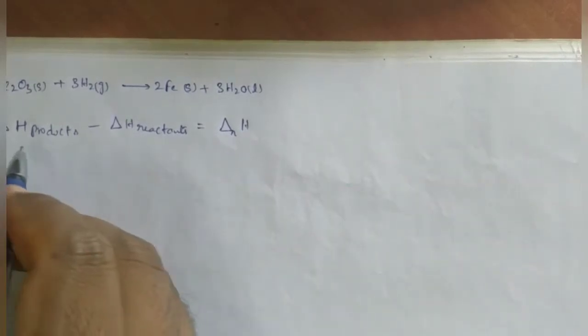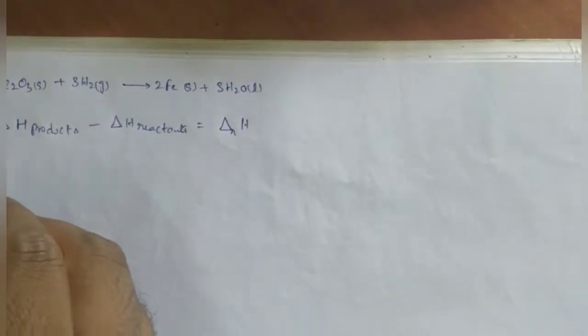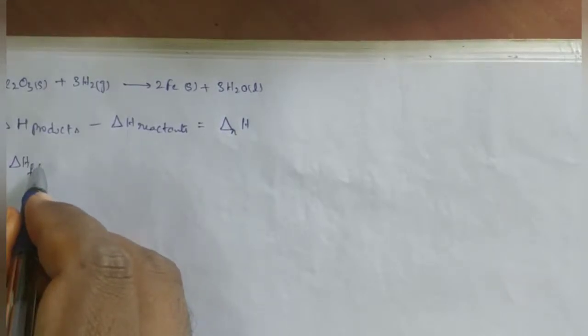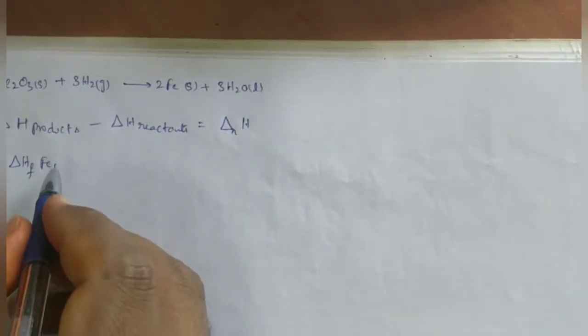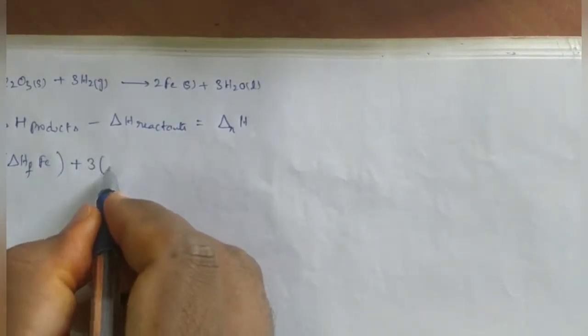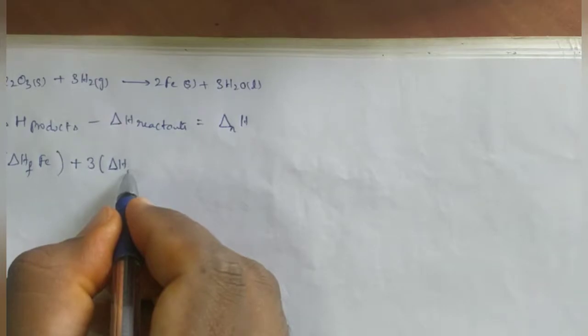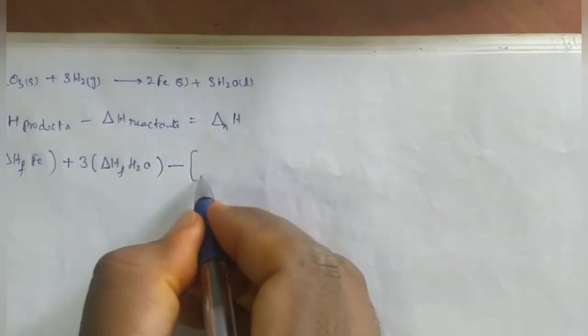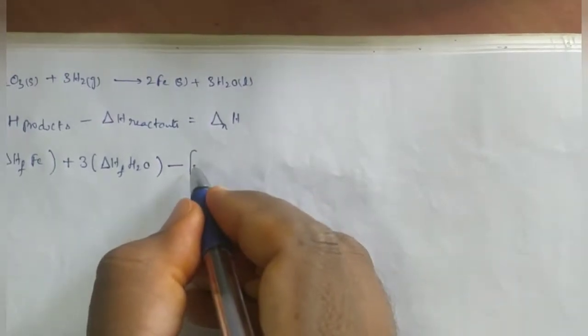Okay, now what about the products? 2 into delta H of Fe plus 3 into delta H of H2O. These are the products, minus the reactants.